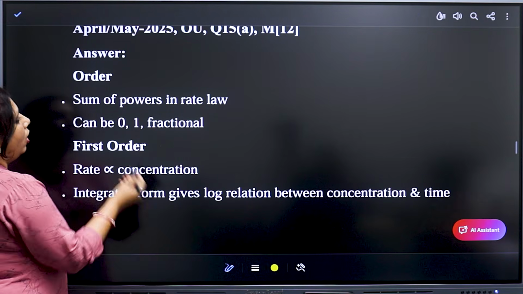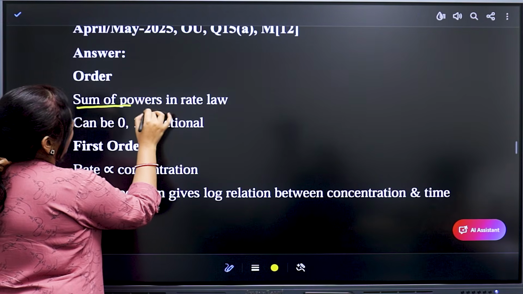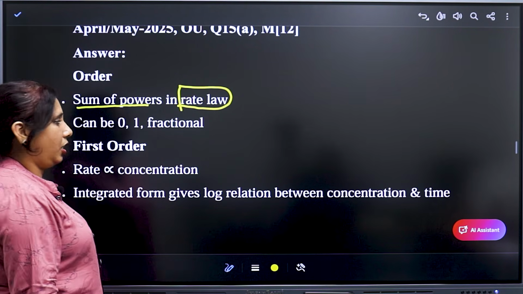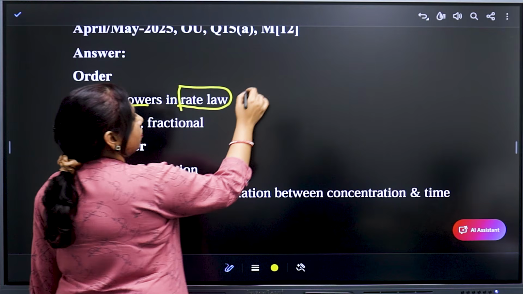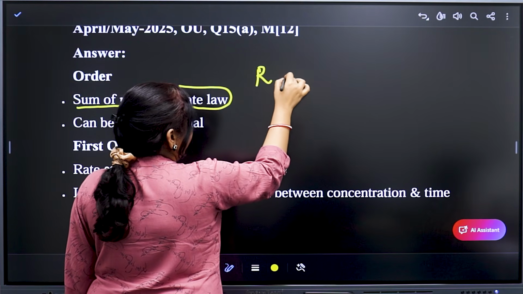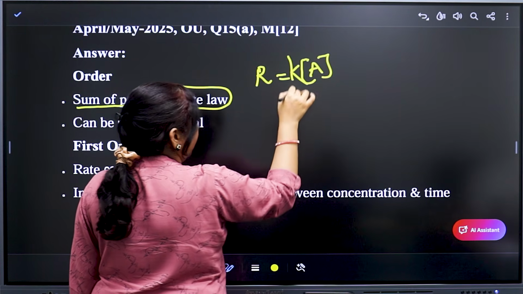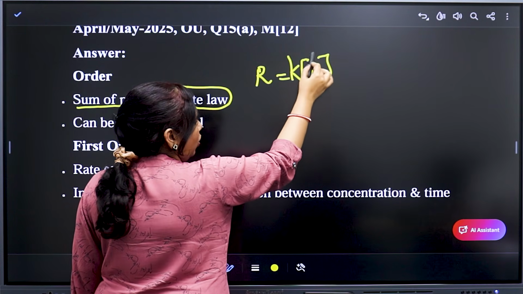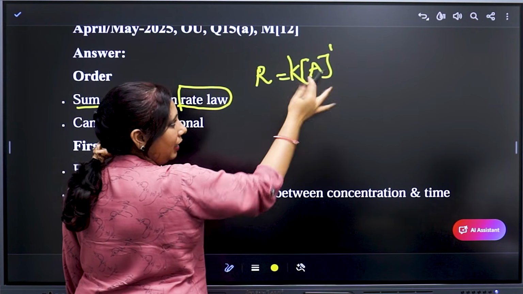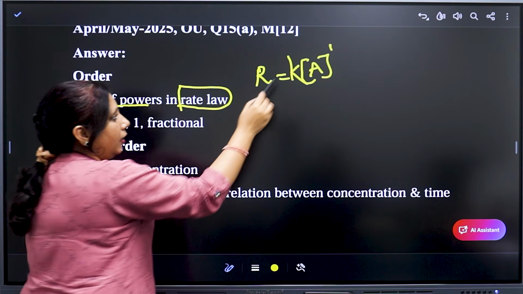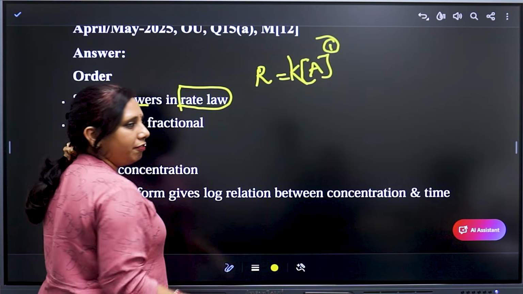Order. Order is the sum of the powers in the rate law of a reaction. For example, if rate is written like this, now there is only one power, 1 here, there is nothing else, right? So this power is the order of a reaction.